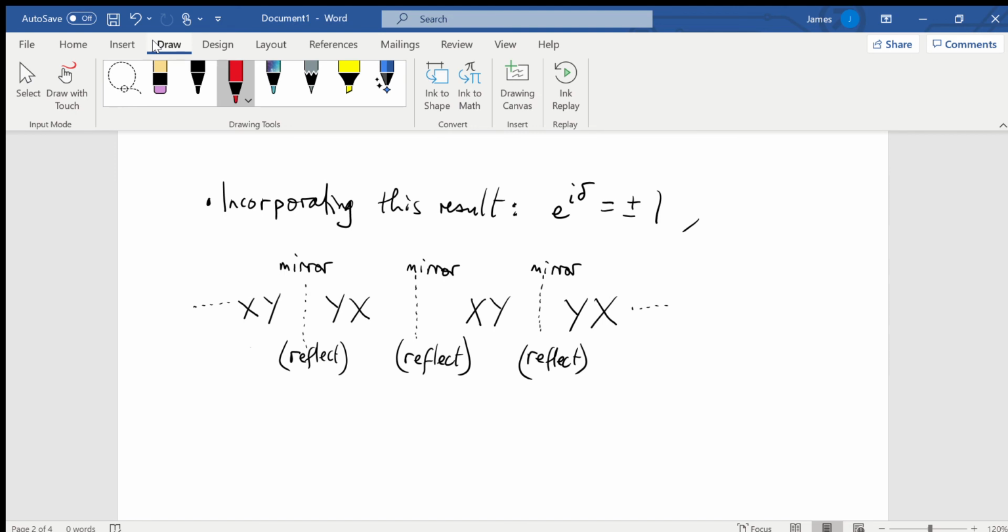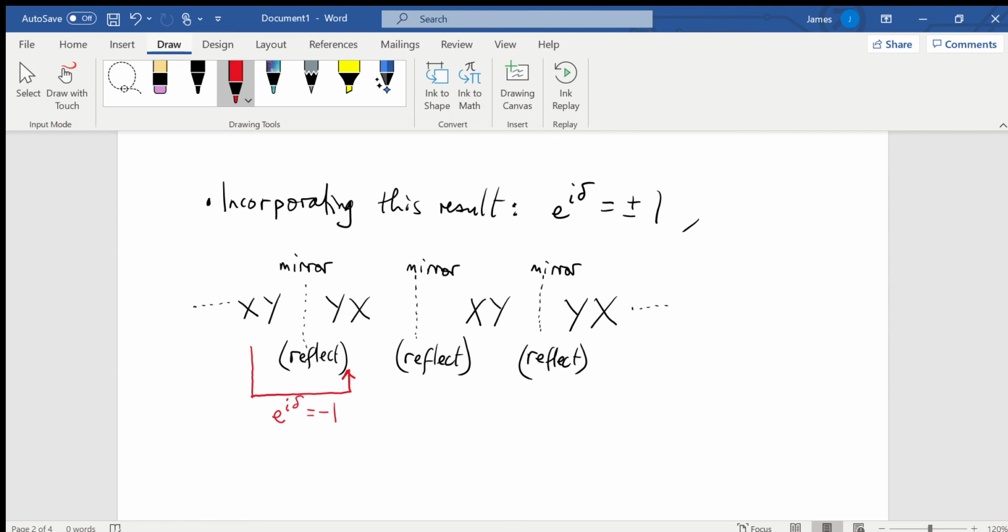Well, let's say we start, or at least we inspect, we don't know if this is the initial position, but let's inspect from here to here, one active reflect. So with one active reflect, we have e to the i delta is minus 1, because we got the mirror image of the original, so we essentially multiplied it by negative 1.